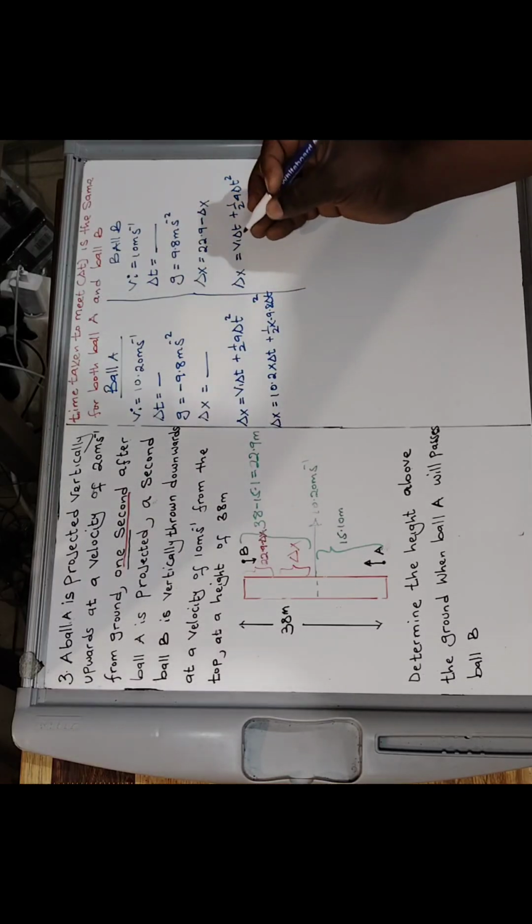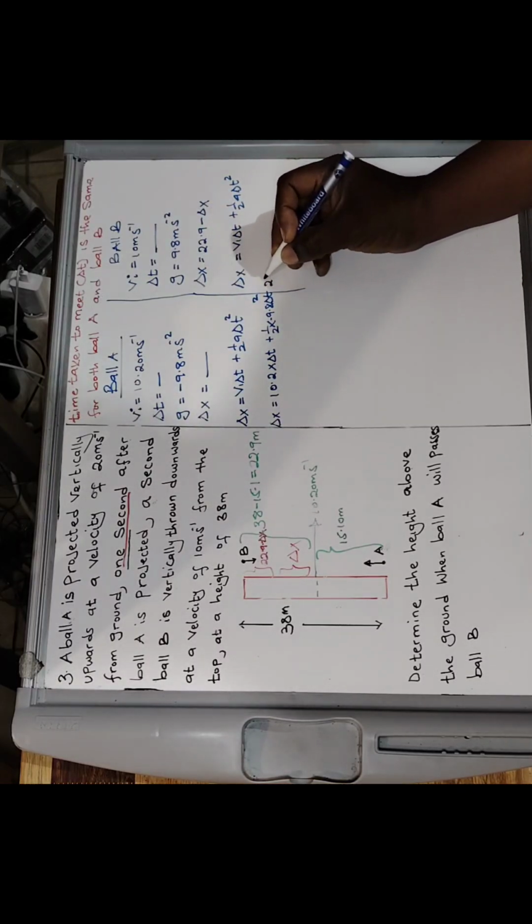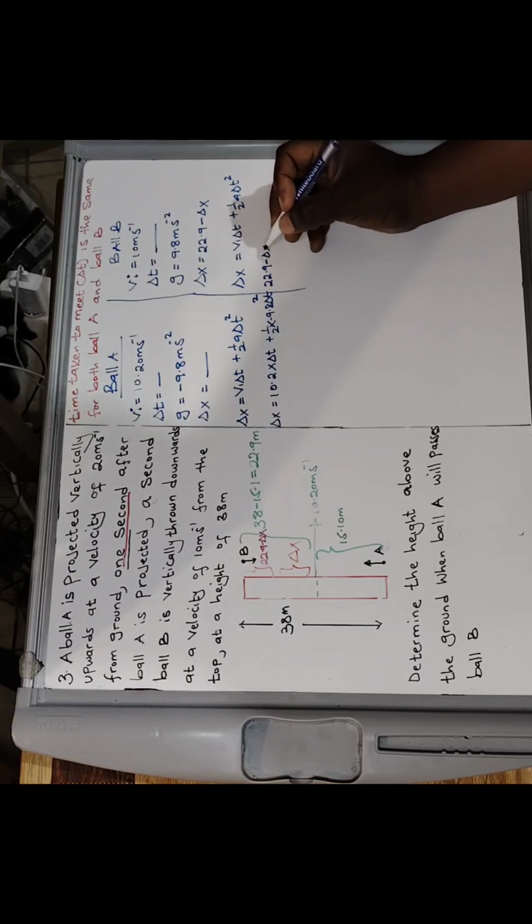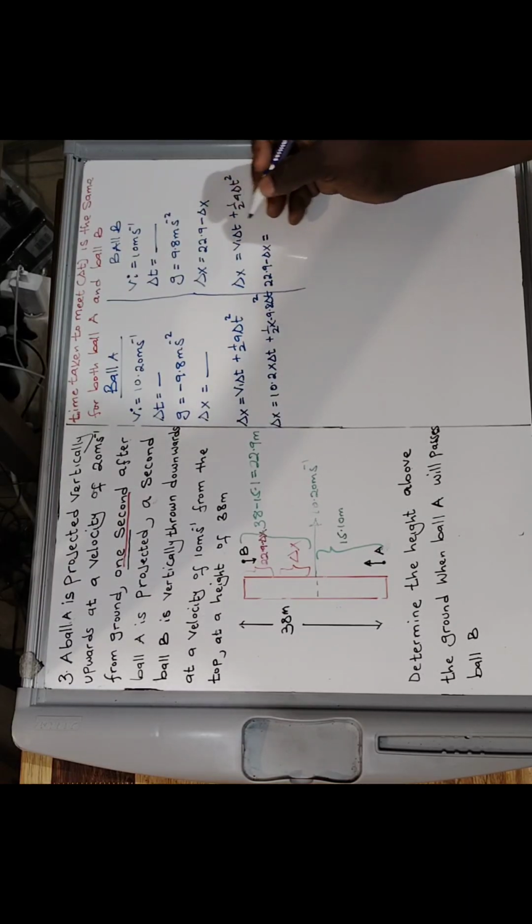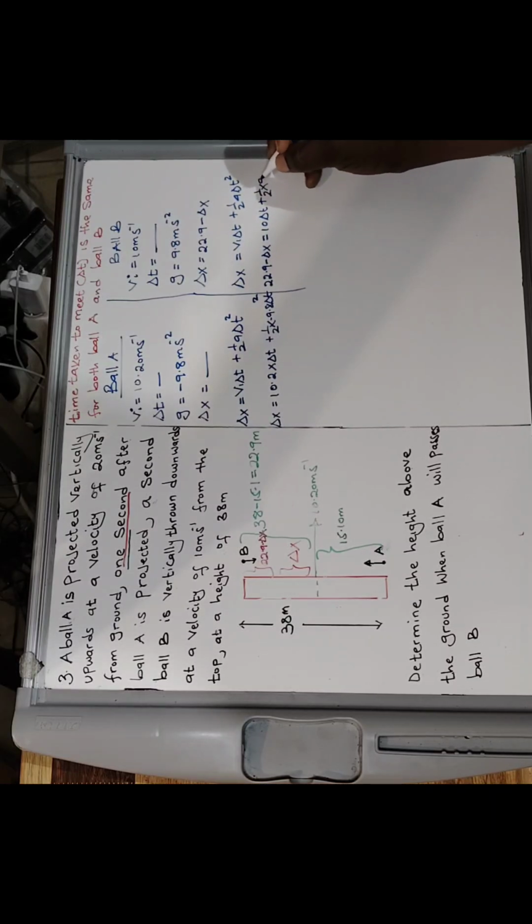But in this case, our delta x is 22.9 minus delta x, and vi is 10, so 10 delta t plus a half times 9.8 delta t squared. That's where we are.